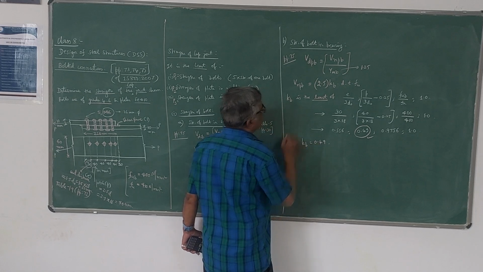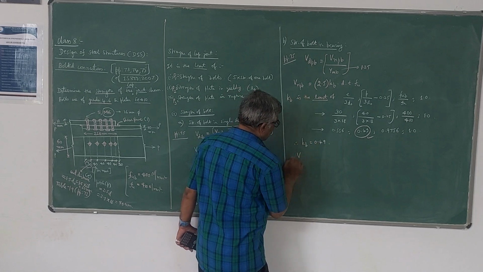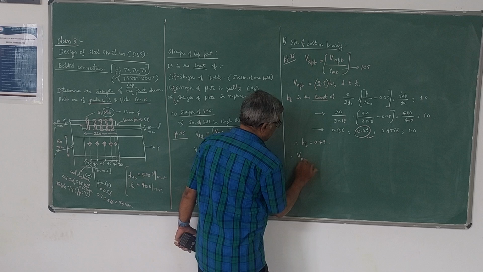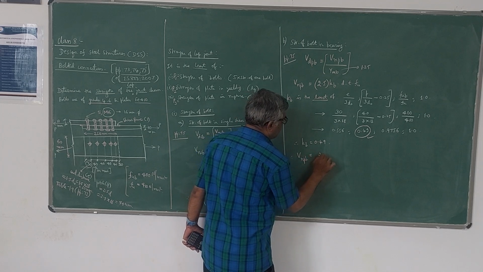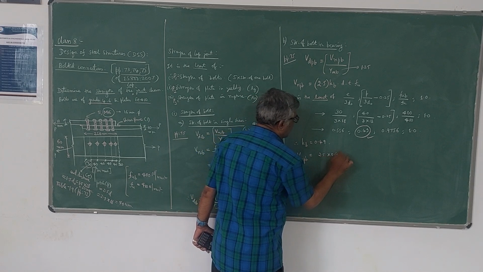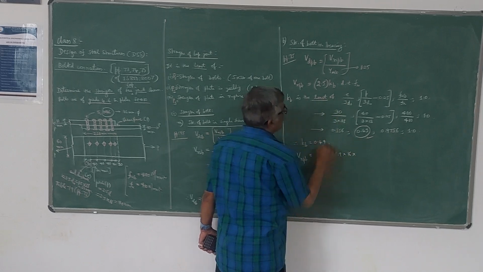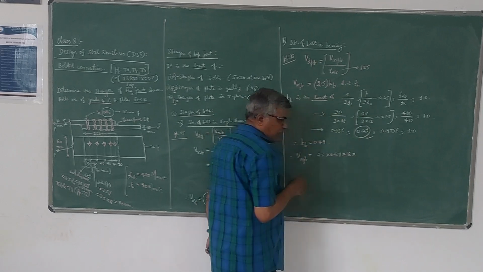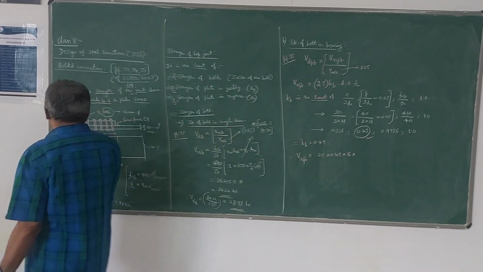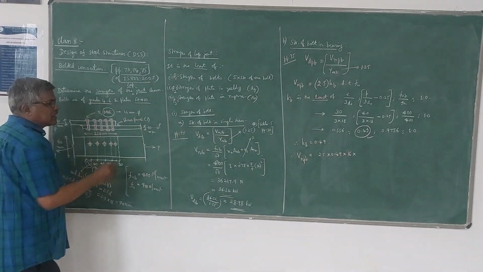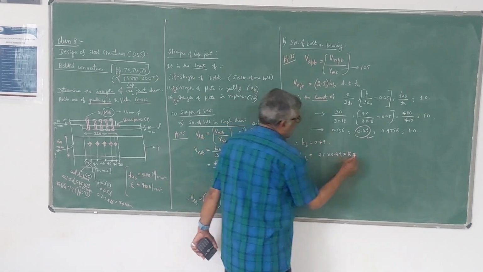Once you get the value of Kb, substitute here. So therefore, VNPB is equal to 2.5 into 0.49 into d, the diameter of the bolt, that is 16 mm, into t, the thickness of the thinner plate. Of course, here both the plates have the same thickness, 10 mm, so it becomes 10.